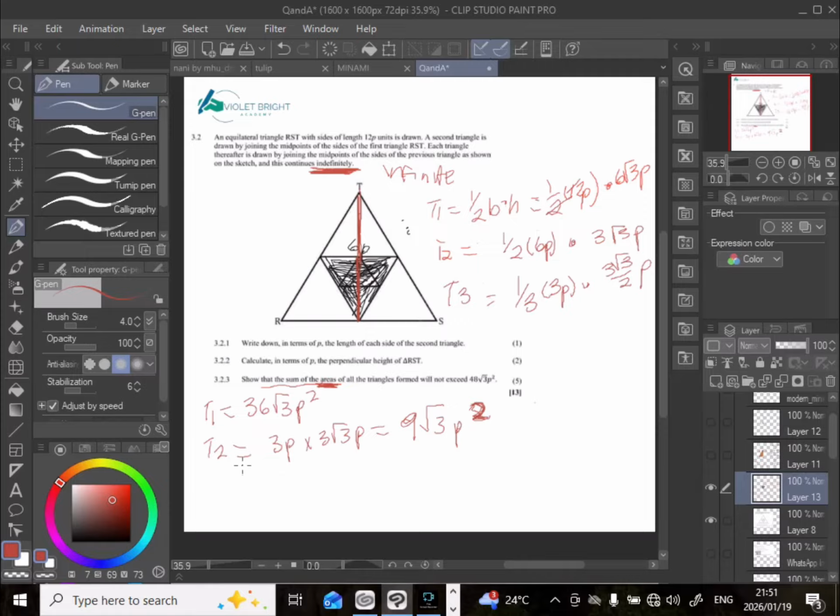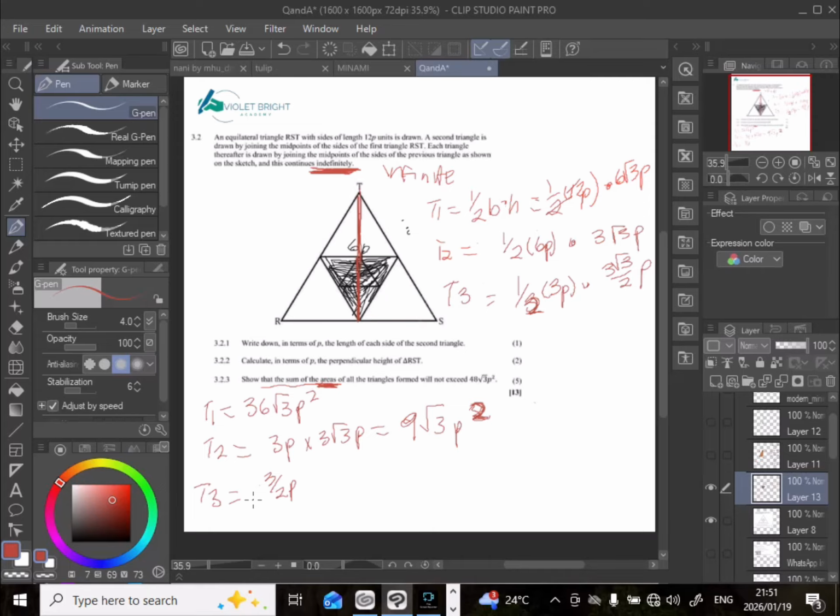Now let's do the third one here. So it's 1 over 2 of this 3, which is basically 1.5p, multiplied by root 3 over 2.